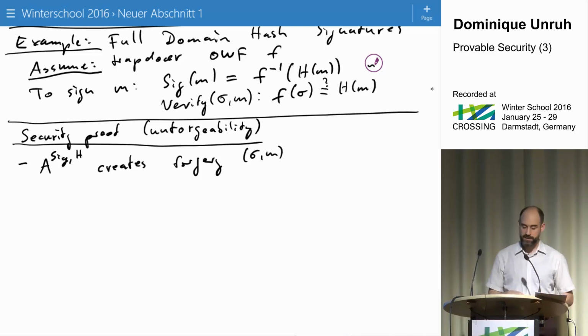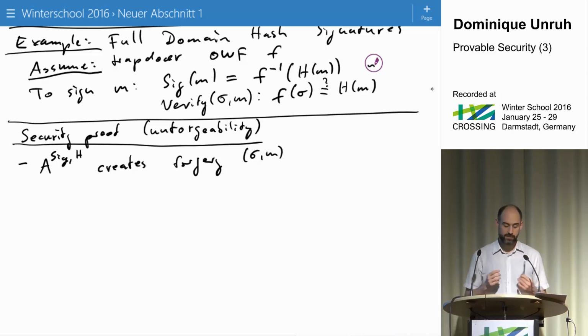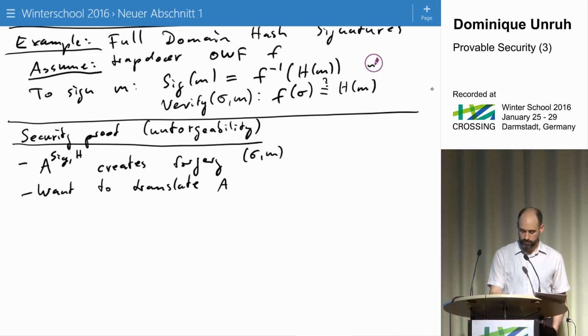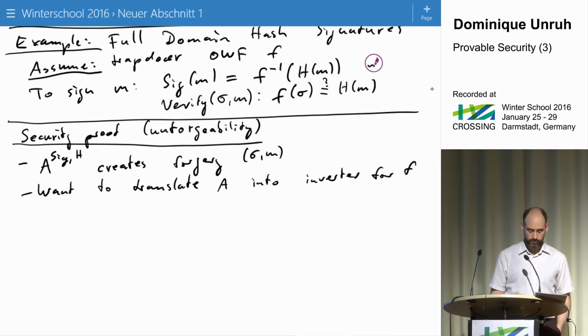So if we manage to transform this adversary into an inverter, we have shown that assuming the hardness of the one-way function, this adversary could not have existed in the first place. And let's call this inverter B, because B is the letter after A.